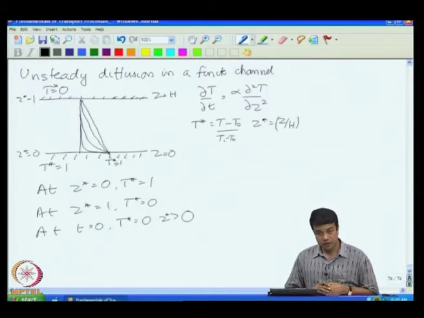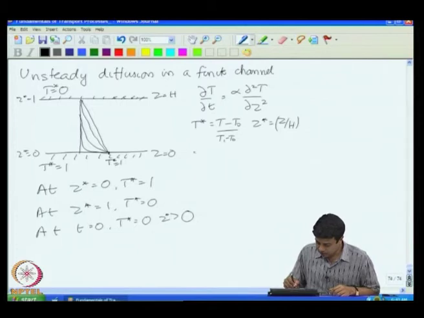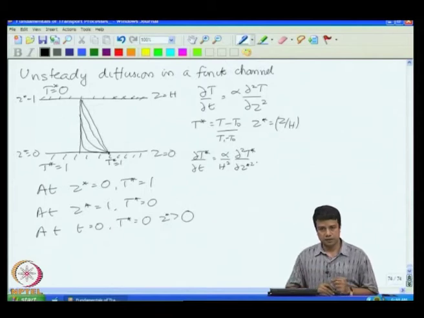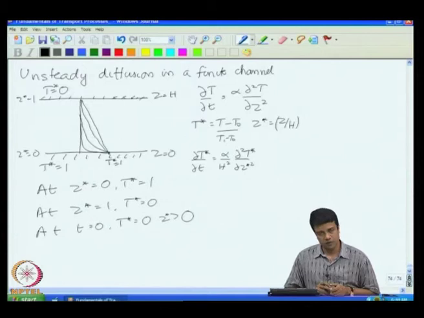And if I rewrite my equation here, I get partial T star by partial t is equal to alpha by h square partial square T star by partial z star square. So, that is my equation. And now I can use h square by alpha to scale time to get a dimensionless time. You can see that this left hand side has dimensions of 1 over time.